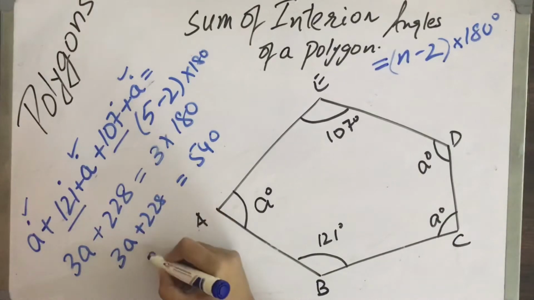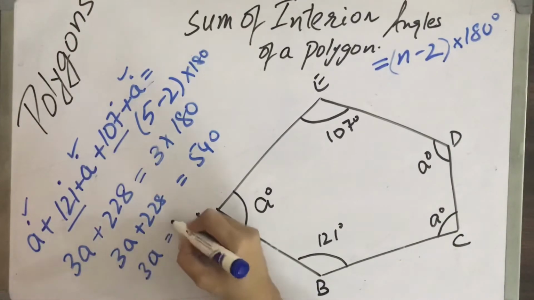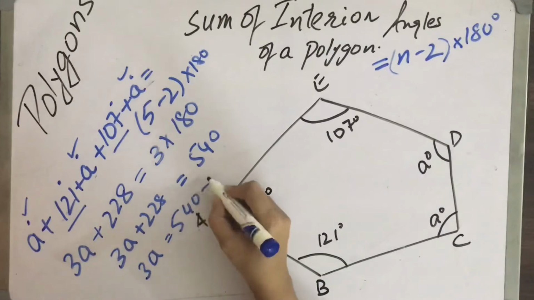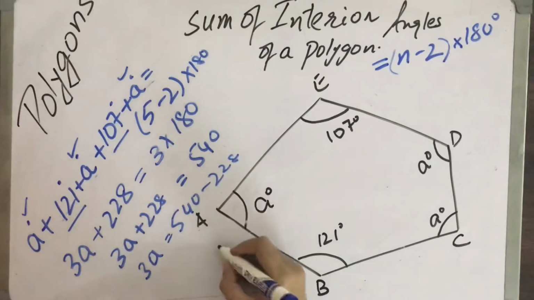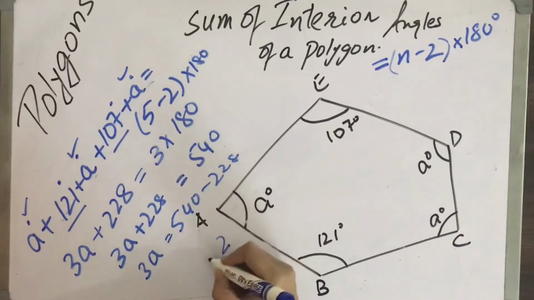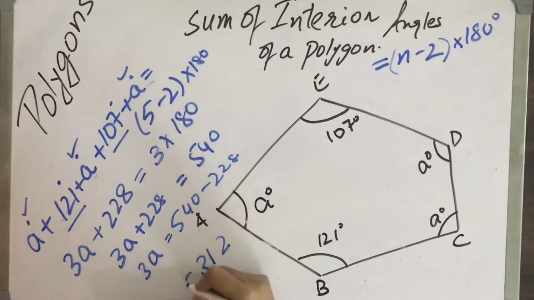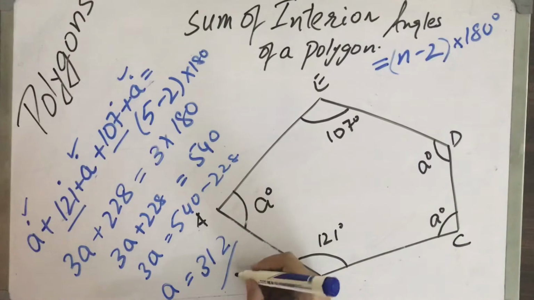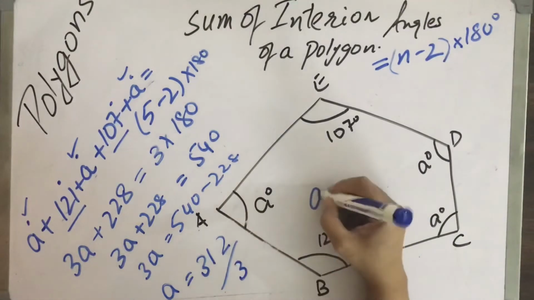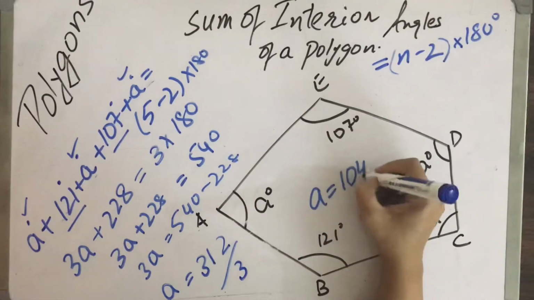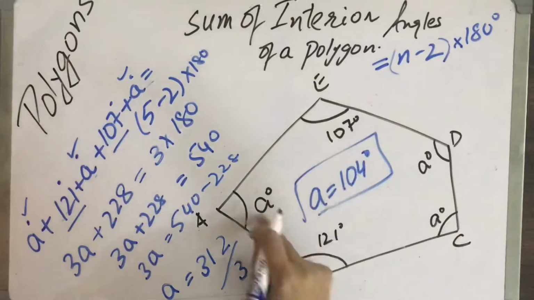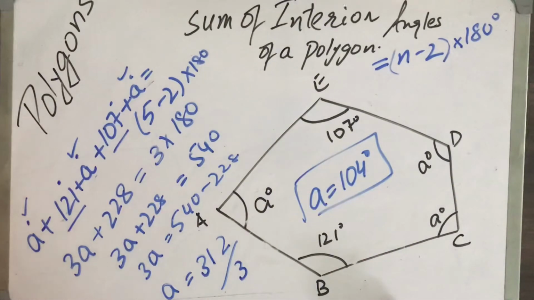I shall subtract 228 from 540 and I shall have 312, and to find the value of A, I shall divide this 312 by 3, and the answer for A will be 104 degrees. So each unknown interior angle is 104 degrees.